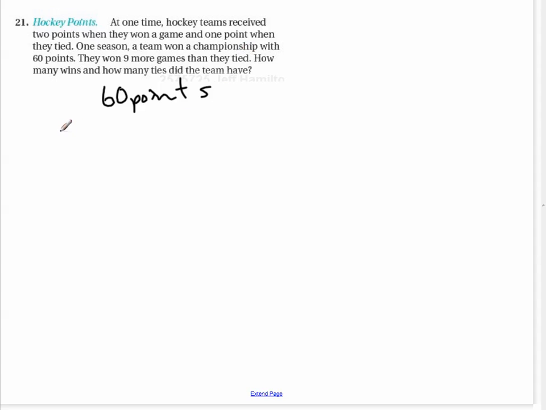So they won 9 more games, so the wins are equal to the ties plus 9. If you take the number that they tied and add 9, you get the number that they won.